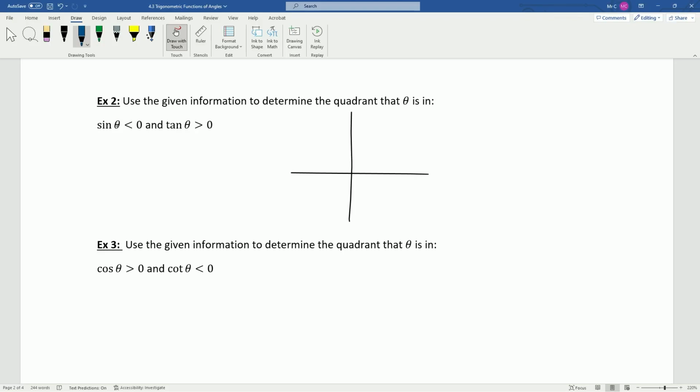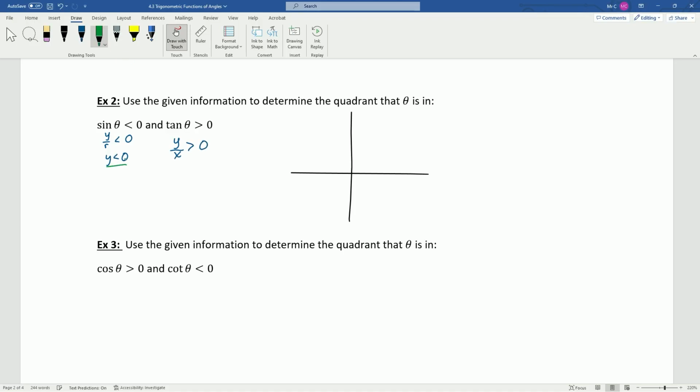So here, sine of theta is negative, right? So that means y over r is negative. But r is always a positive number, so if y divided by r is negative, then y is negative. So we don't actually really need to worry about r when we look at these conditions. So y is negative, and tangent of theta is positive, which means y divided by x is positive.